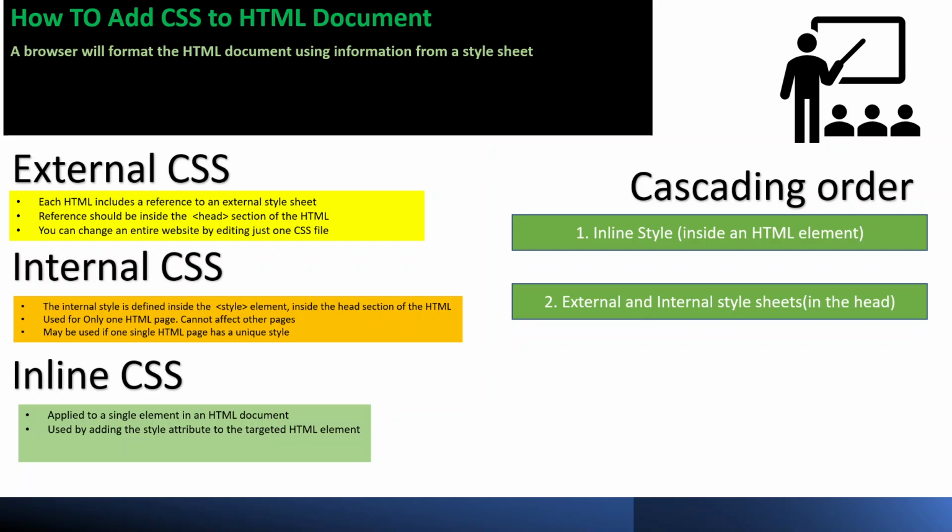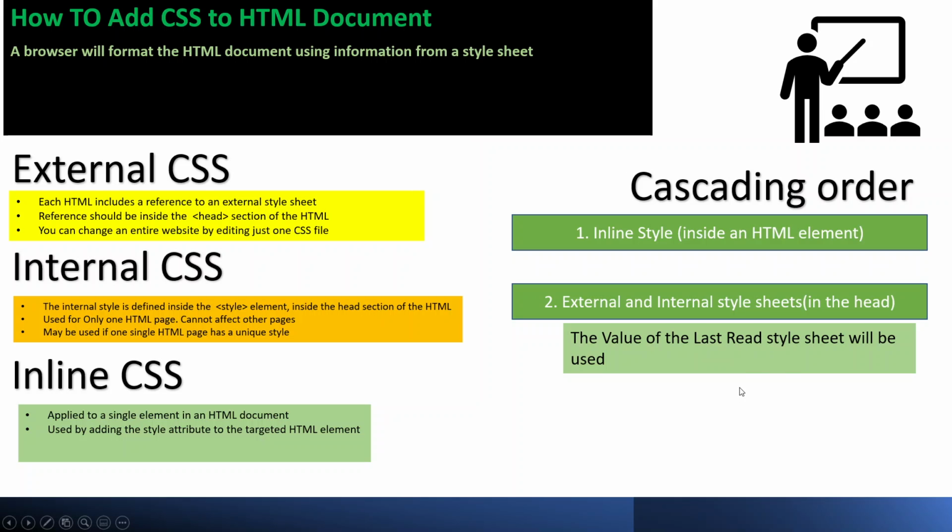The second one in priority is your external and internal style sheets. So all the styles in your external or internal styles will be the ones that are used. If we had both of these, which one is used will depend on the last read style sheet.